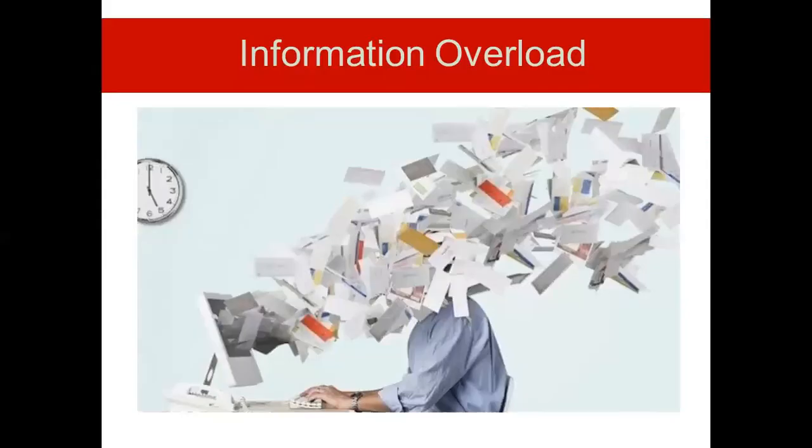So today I want to talk about deep learning for recommender systems. Nowadays we have the so-called information overload problem. We have too much information available every day, so we have a hard time choosing what to buy, what to watch, and what to read.